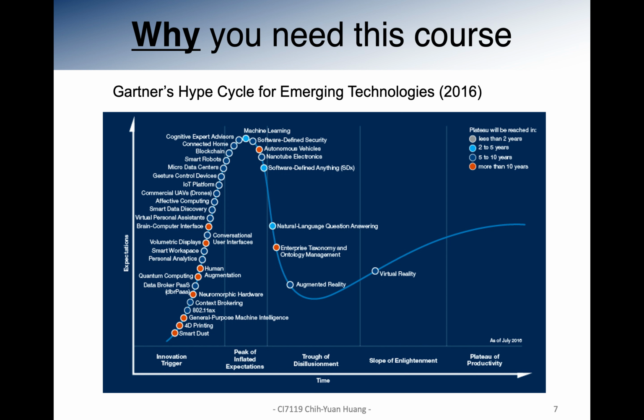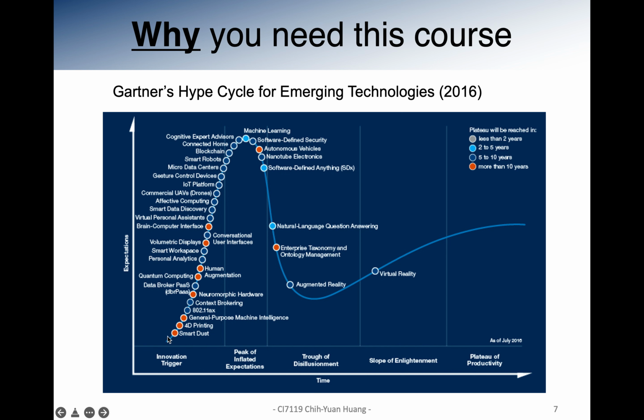Okay, and this is another view in terms of technology development. There is a technology consultant company called Gartner, and every summer, I believe in August, they present a graph from their view. That graph is called the hype cycle for emerging technology. As you can see here, the x-axis is divided into several periods, and the y-axis is the expectation.